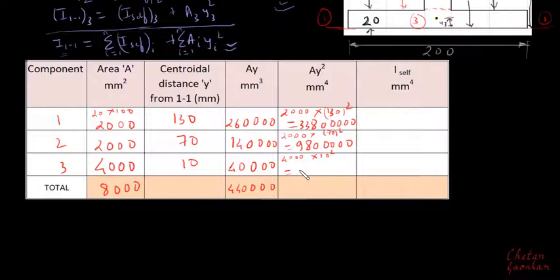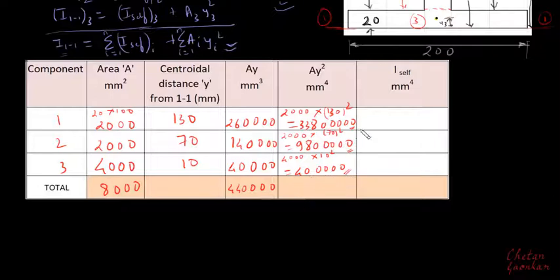This will be equal to 400,000. So this is what we get here. So the Ay square term of the first component is this value, the Ay square term of the second component is this value, and the Ay square term of the third component is this value.